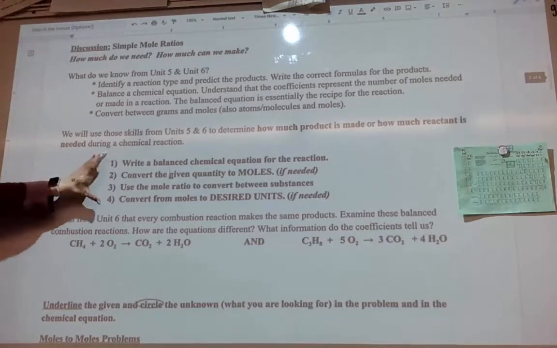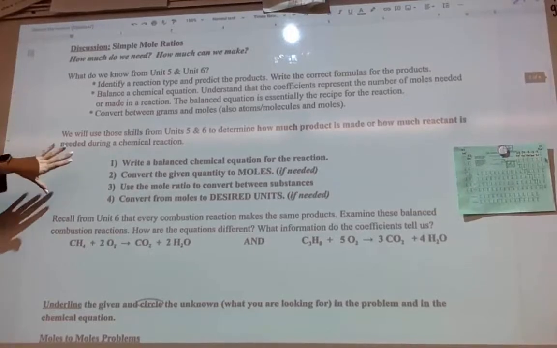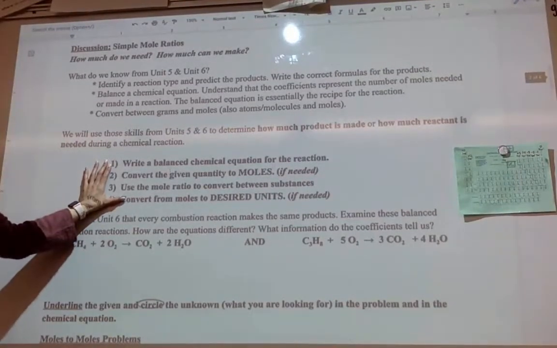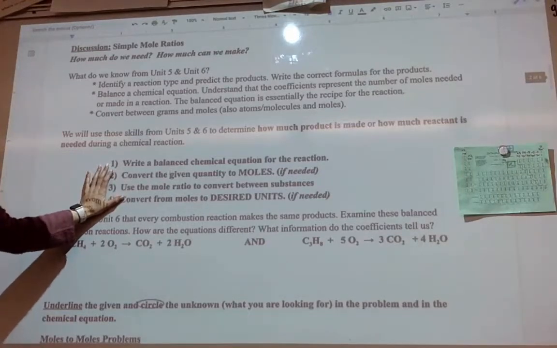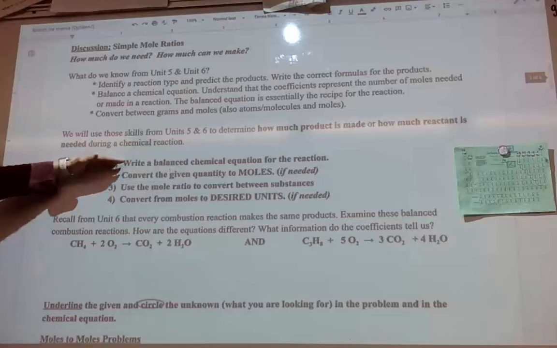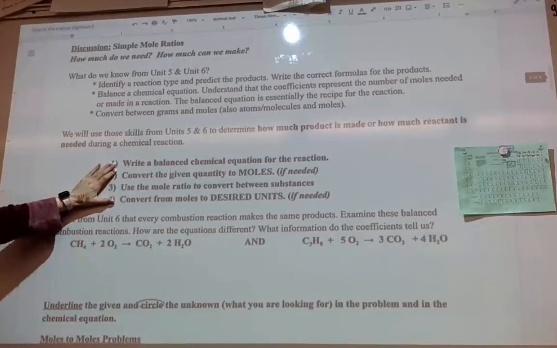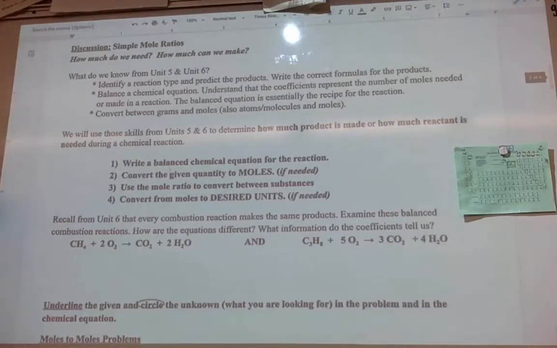And there are the same 4 steps that we follow for every problem. You have these 4 steps typed right at the top to middle of your page. So we're going to follow these 4 steps every single time, and we're going to use them as we go through examples. So you always need to make sure, first and foremost, you have a balanced equation.